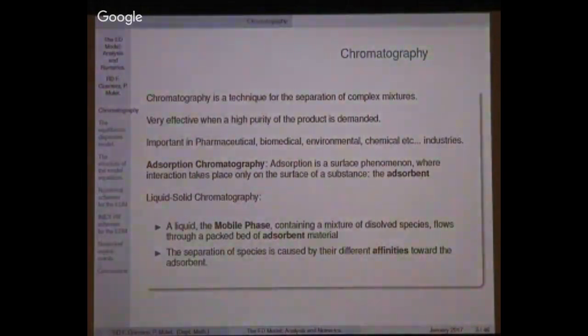So you have a liquid, which is called the mobile phase, and it contains a mixture of species that you want to separate. And this mobile phase flows through a packed bed of adsorbent material. Okay. And the different components in the mixture have different affinities towards this adsorbent. And that's what causes the separation.